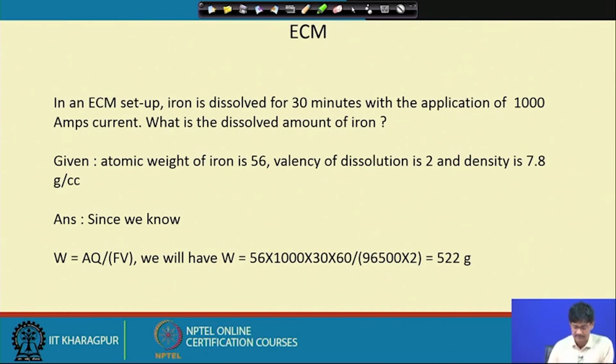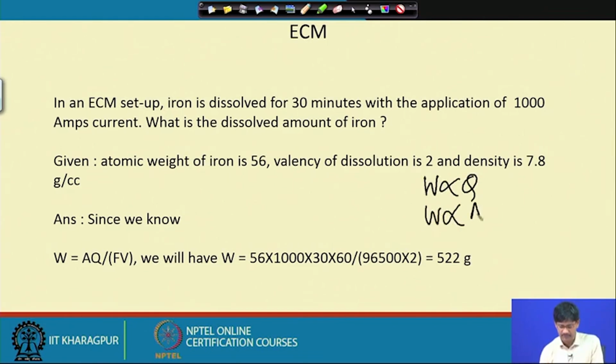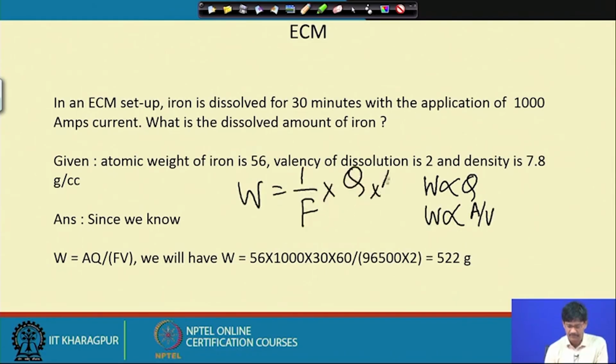Achha, what do we know from previous calculations? From previous calculations, as we did, if you remember, we had weight is proportional to Q, weight is proportional to A by V, and therefore weight is equal to 1 by F into Q into A by V. Okay.